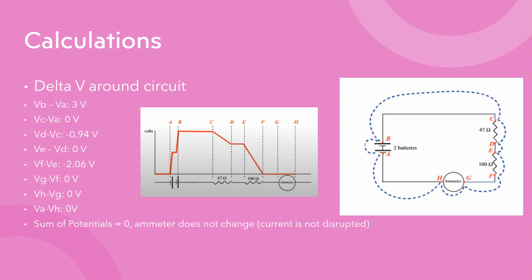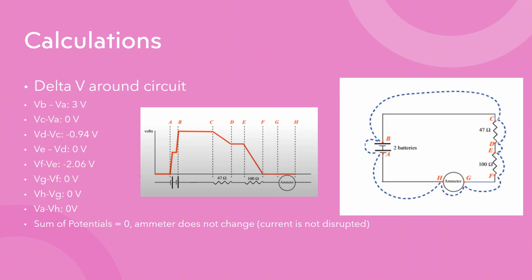So I calculated the potential difference around the circuit from multiple points. I did B to A, C to A, C to D to C, F to E, and as you notice, you get different values. The theorem is that the sum of these potentials must equal 0, and this is actually found true when we add these values up.